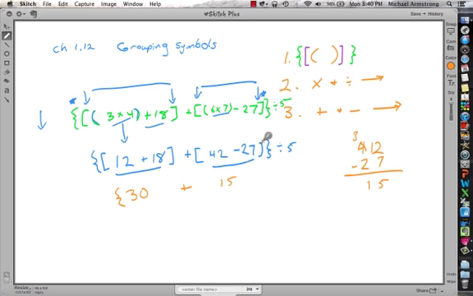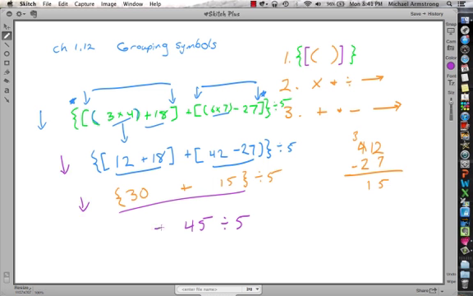And now I'm done with all of my brackets except this ellipse divided by 5. We'll do what's in the ellipse before I go on and divide by 5. So 30 plus 15 is 45 divided by 5. And I'm still working my way down the page.